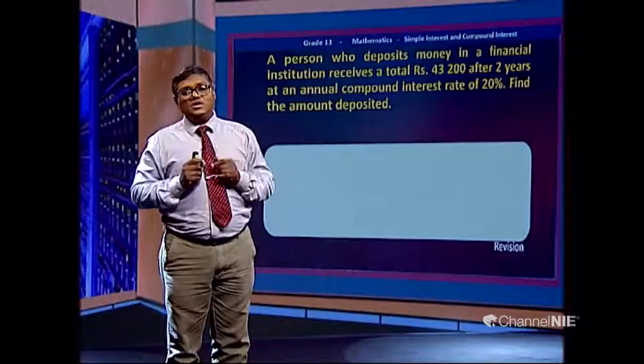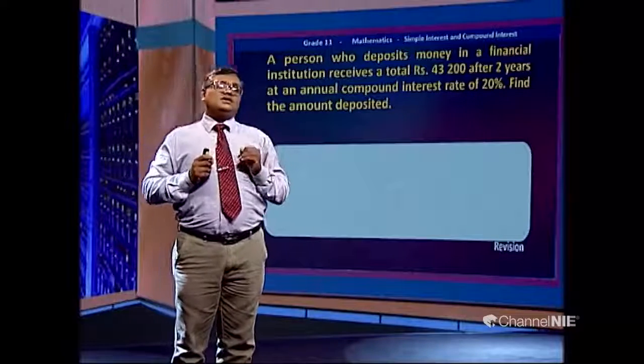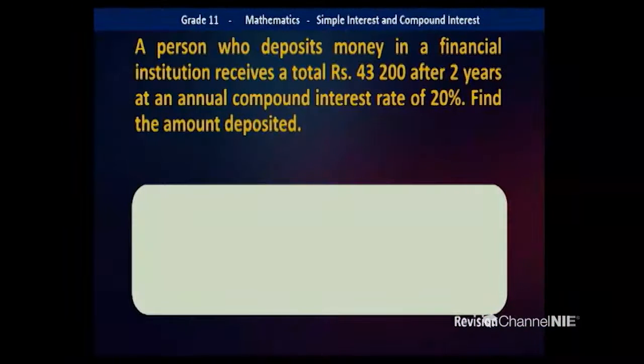A person who deposits money in a financial institution receives a total of rupees 43,200 after 2 years. Deposited some amount, they don't tell us the amount. Now it is a sort of backward calculation.